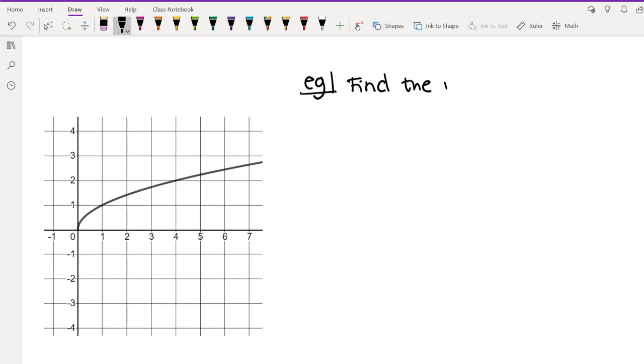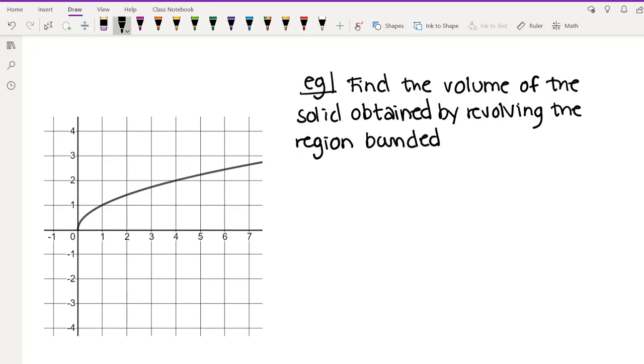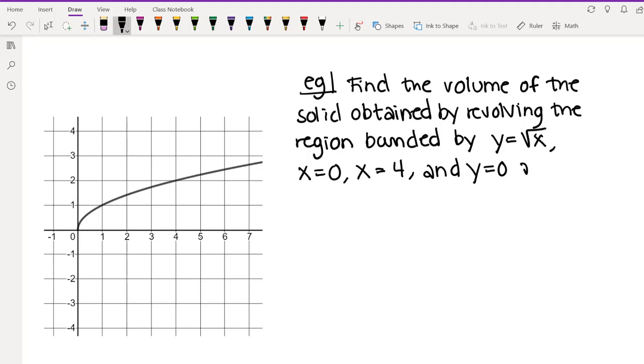So find the volume of the solid obtained by revolving the region bounded by y is equal to square root of x, x is equal to 0, x is equal to 4, and y is equal to 0 about the x-axis.